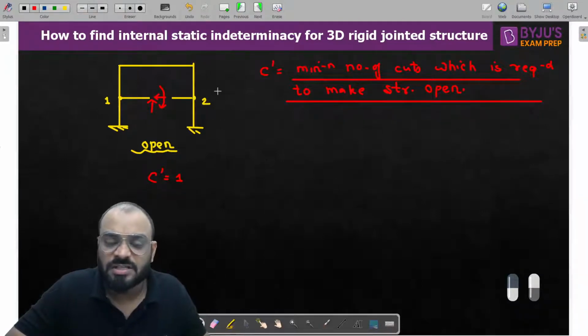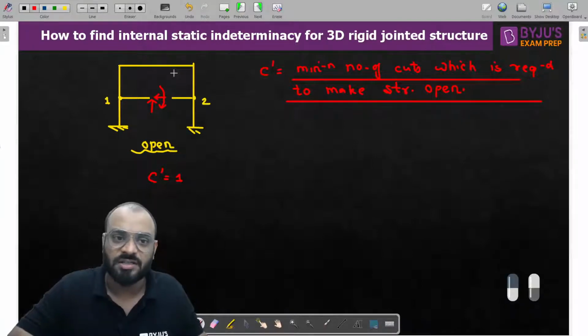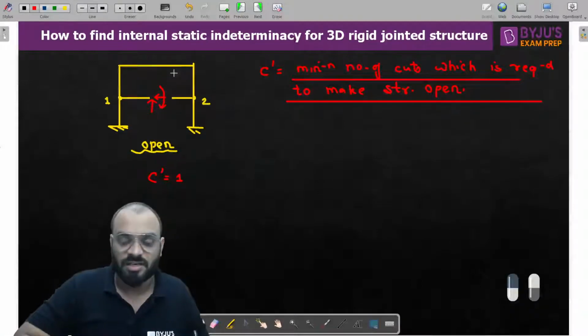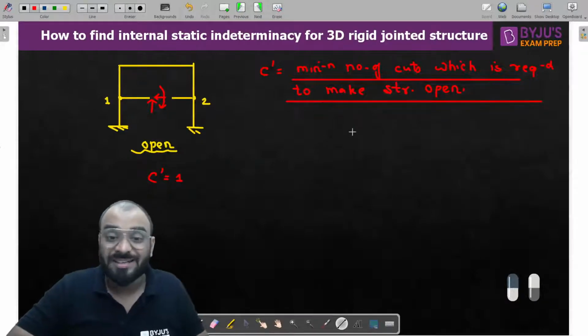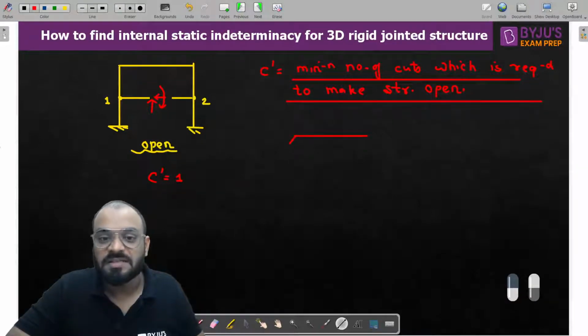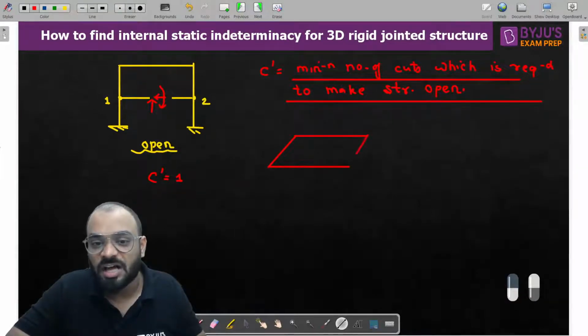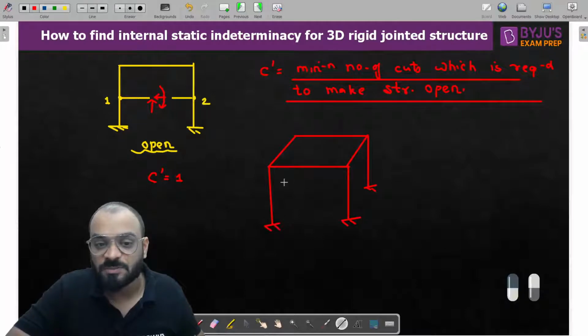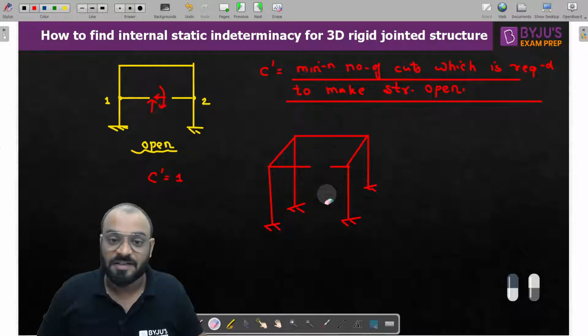So generally in case of a 2D rigid jointed structure, we have 3 internal reactions. But if we talk about a 3D structure, tell me, guys, how many internal reactions are present in case of a 3D rigid jointed structure? You know that, guys, in this particular case we have 6 internal reactions.